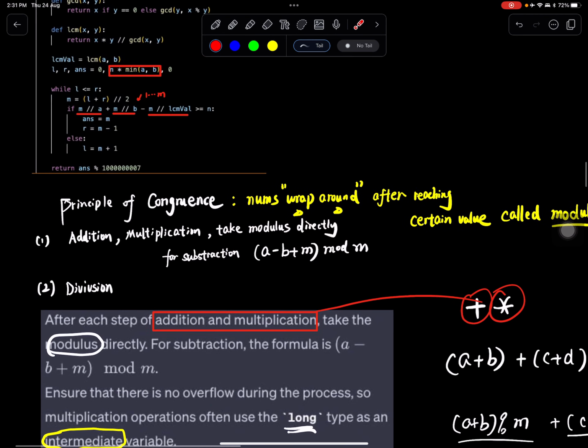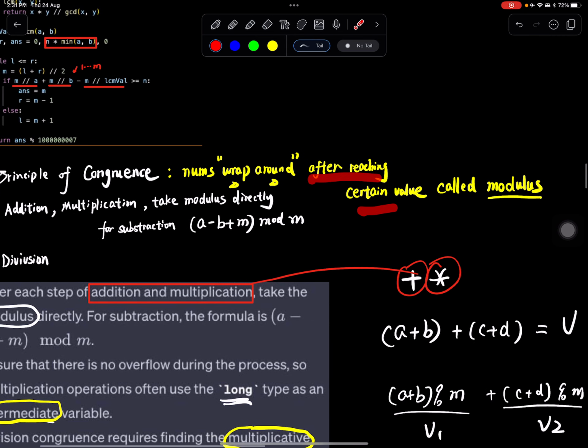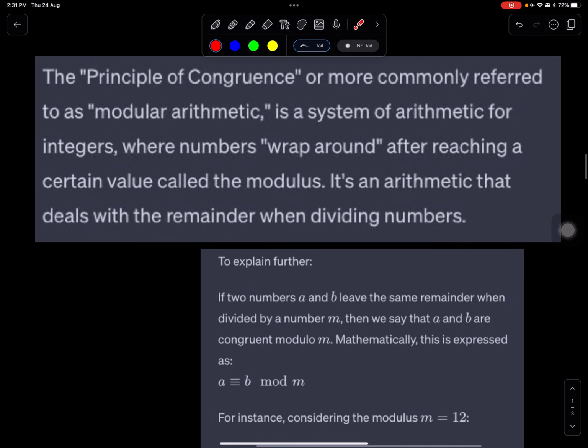Another very important concept is called the principle of congruence. It means numbers wrap around after reaching a certain value called the modulus. It's an arithmetic that deals with the remainder when dividing numbers.